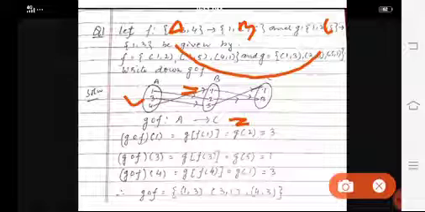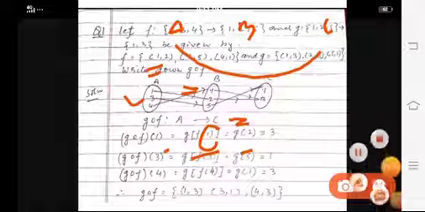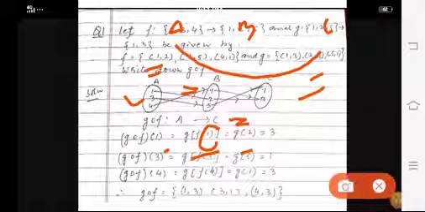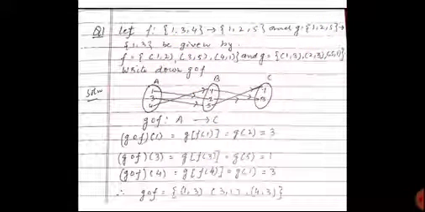So (F composite G)(1), where 1 is an element of set A, by the definition will be G(F(1)), and in place of F(1), I just told 1 is associated with 2. F(1) is equal to 2. So this will become G(2), and in the function G, 2 is associated with 3.